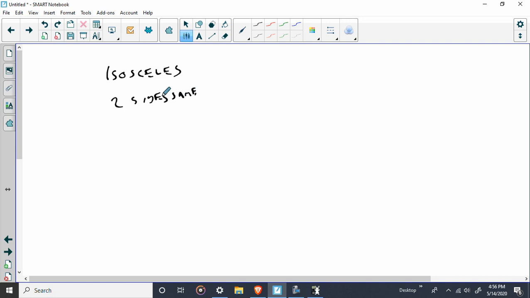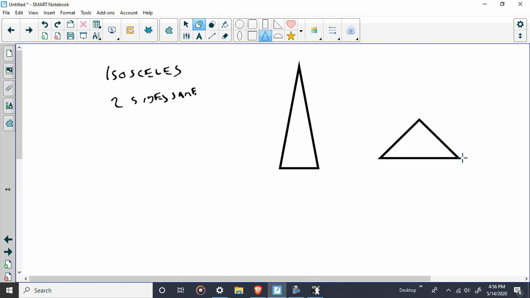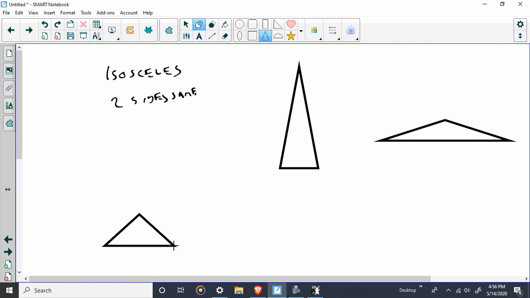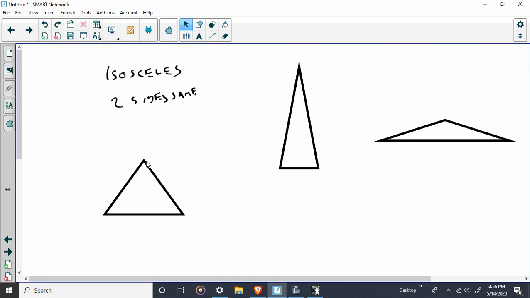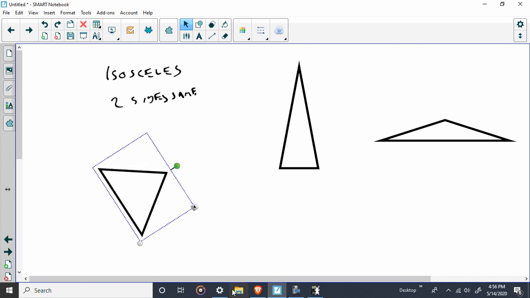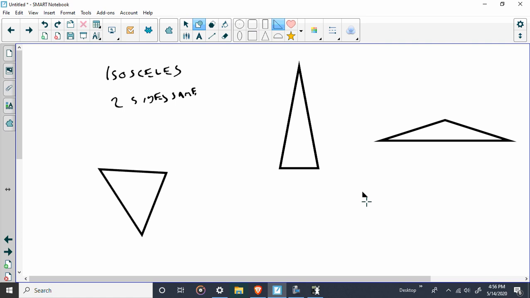Typically, they can come in lots of different shapes and sizes. They look typically like this. They can be tall and skinny. They can be short and fat, right? They don't have to be facing this way. They can be facing different directions, right? It could be facing this way. It could look something like this.